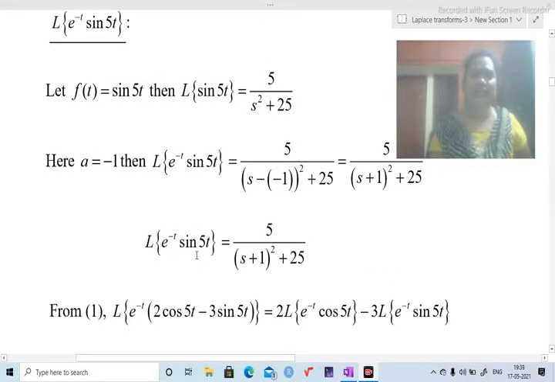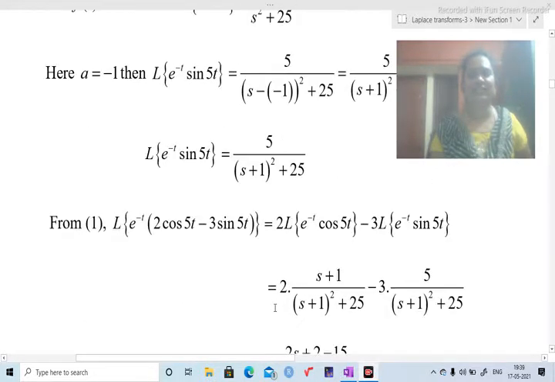Now from 1, Laplace transform of e power minus t into 2 cos 5t minus 3 sin 5t is equal to 2 times L of e power minus t cos 5t minus 3 times L of e power minus t into sin 5t. Substitute the values which we found already.